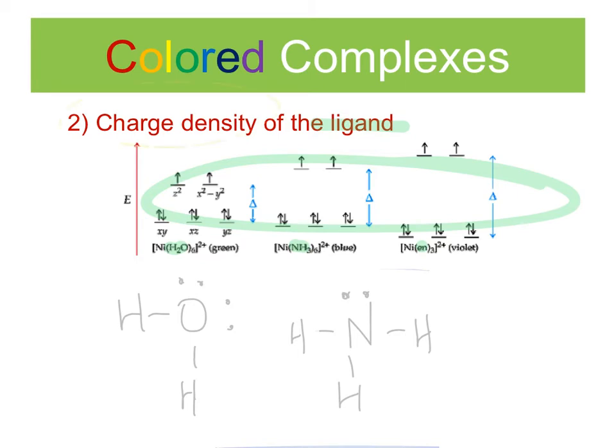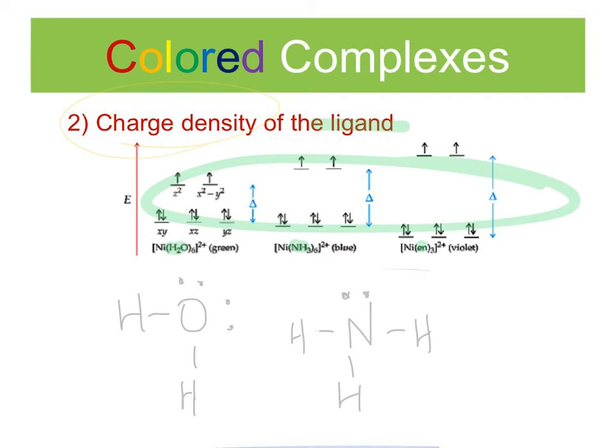So let's talk about charge density for a minute, just comparing water to ammonia, two compounds you should be fairly familiar with. Water is a bent structure with two sets of non-bonded electrons, or two lone pairs, where ammonia only has one. So one big idea is that non-bonded electrons have the most repulsion.